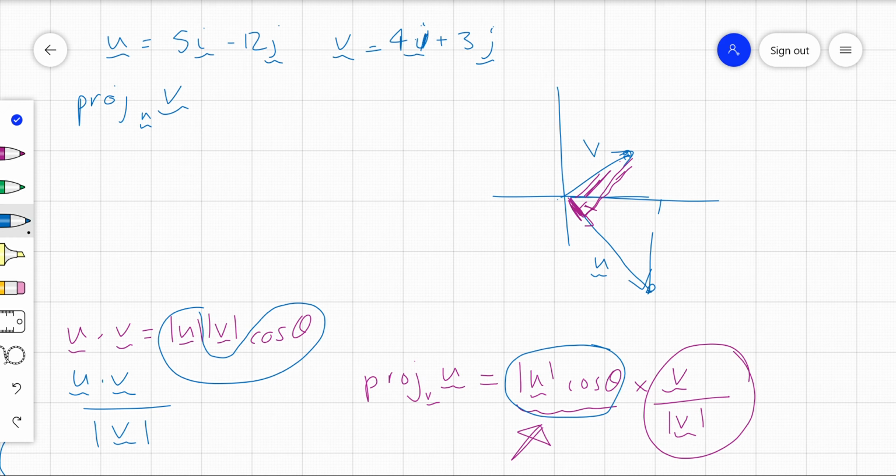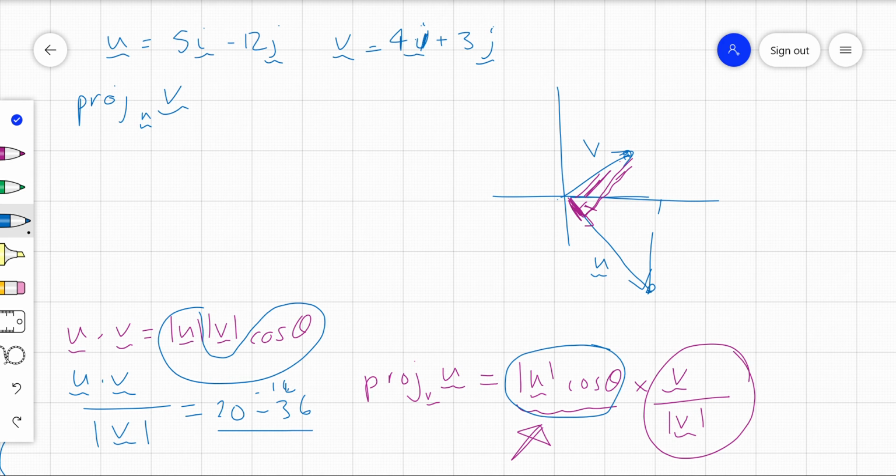So let's have a look at what u dot v is equal to. 5 fours, so we've got 20, minus 12 threes, 36. That bit's minus 16.